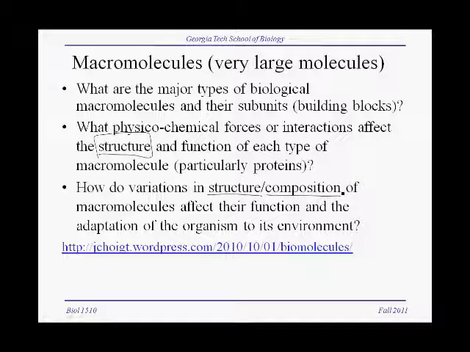These changes in the structure or composition affect how these macromolecules work, and ultimately how the organism interacts with its environment, and will make a difference in the survival and reproduction of the organism. So evolution really depends on genetic variation. Genetic variation works through variation in structure and composition.